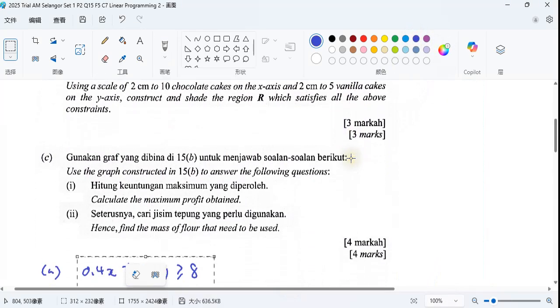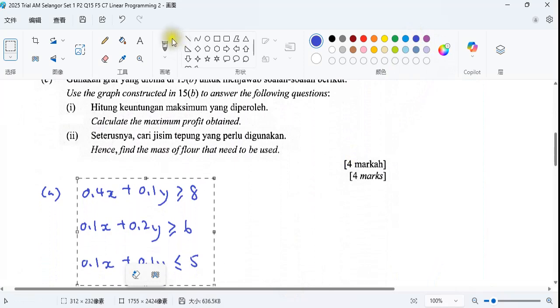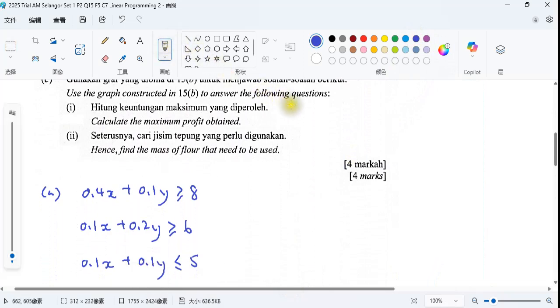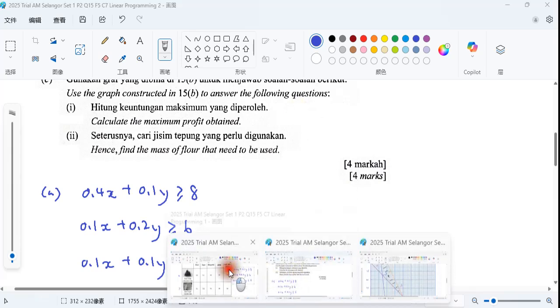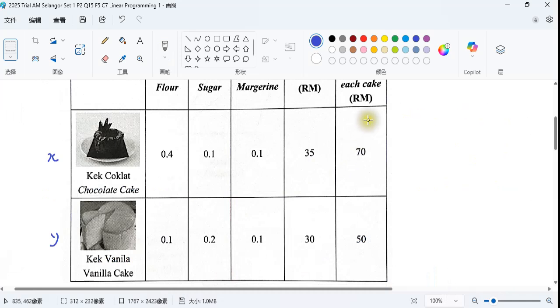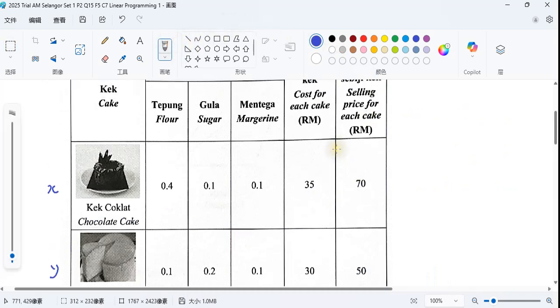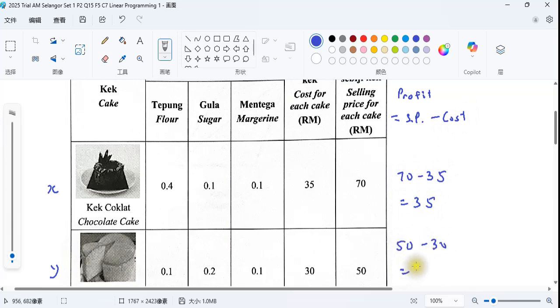So use the graph constructed in B to calculate the maximum profit obtained. So the profit is actually the selling price minus the cost. 70 minus 35, so it's 35. 50 minus 30, this is 20.